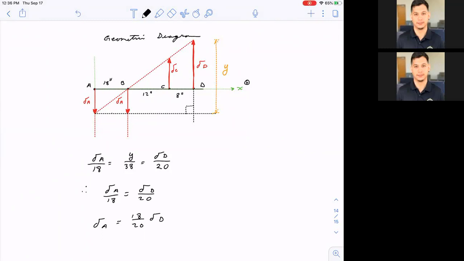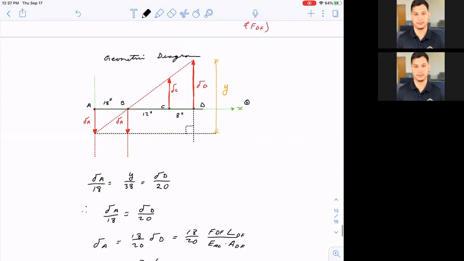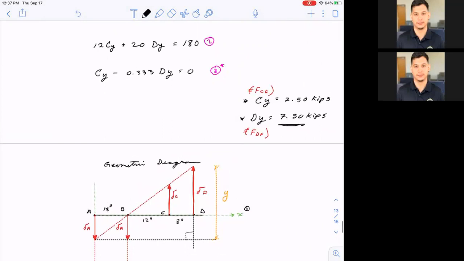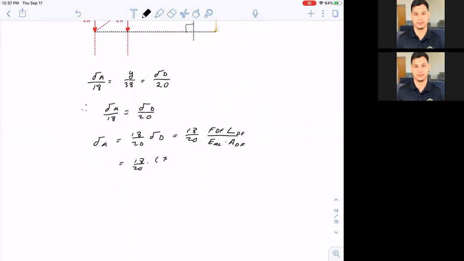And we can find the deformation at D. So this is 18 over 20, and the deformation at D would be FDF times L of DF, divided by E of aluminum and A of member DF, which is equal to, we'll do it down here, 18 over 20 times, let's see, DF, we found it over here, 7.5 kips.